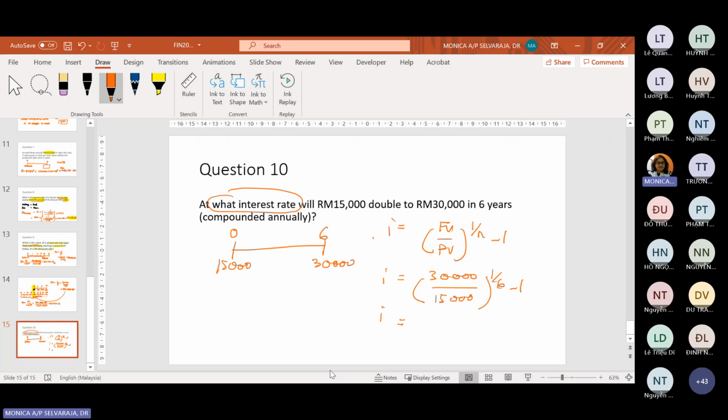Can someone calculate? Give me the answer. Please calculate and give me the answer. Quickly, guys, give me your answer.